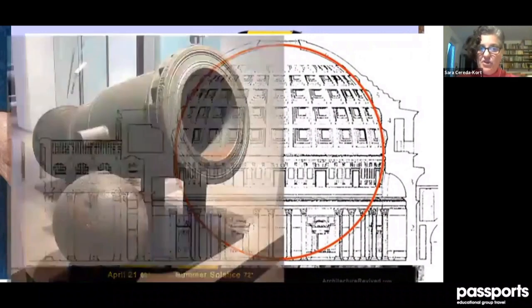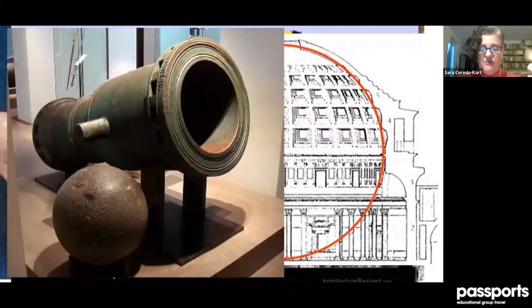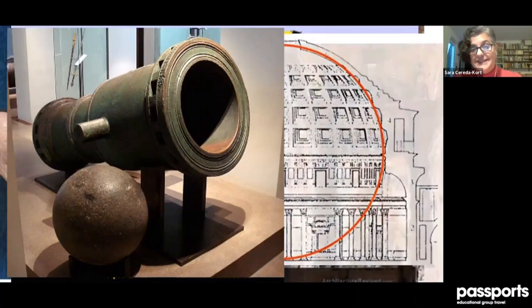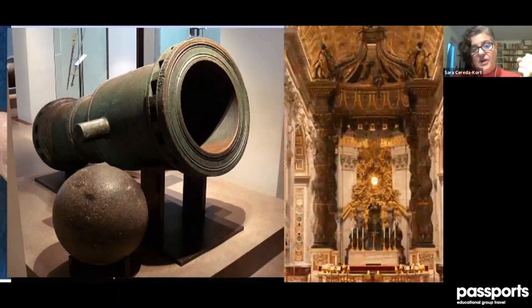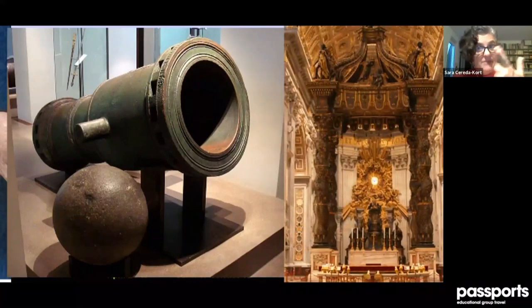For example, a lot of bronze. Here you have an example of rudimentary cannons that were used to defend the Pope, because the Pope was a state and it was a military power as well. And it is said that part of the bronze taken from the Pantheon was used maybe for the baldachin of the main altar inside of St. Peter Basilica.